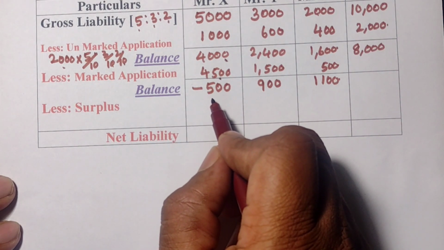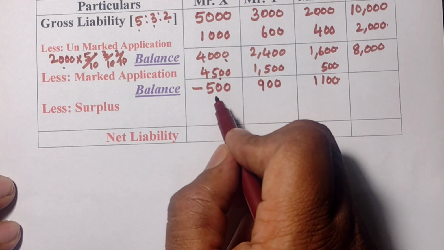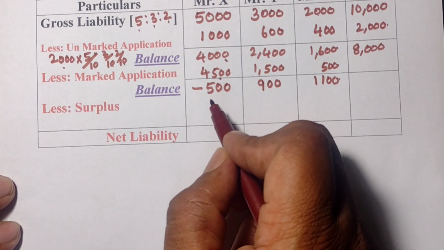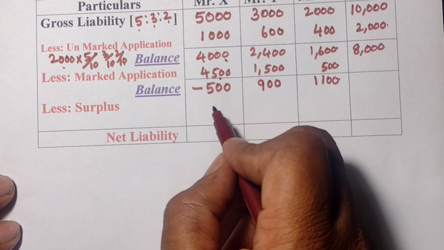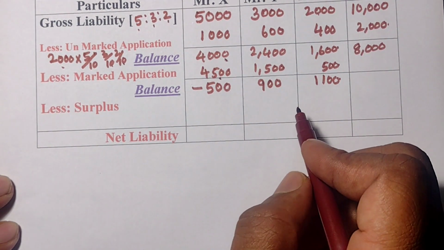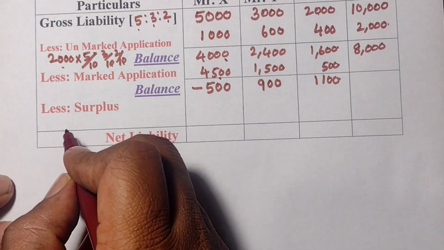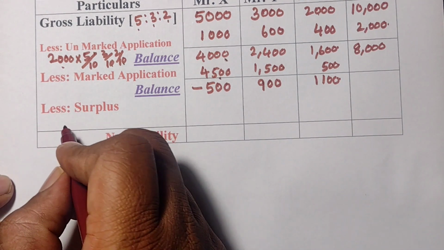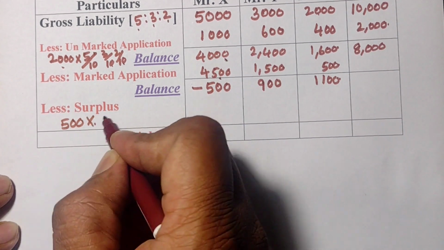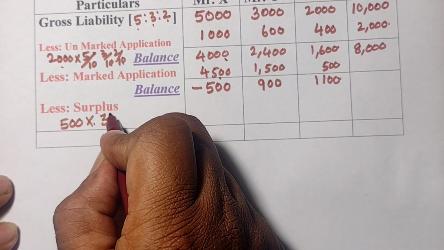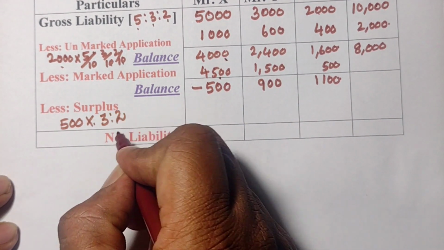This 500 is called the surplus. So he has received more than the requirement. Therefore, this 500 has to be distributed among Mr. Y and Z in the leftover ratio, which is 3:2.